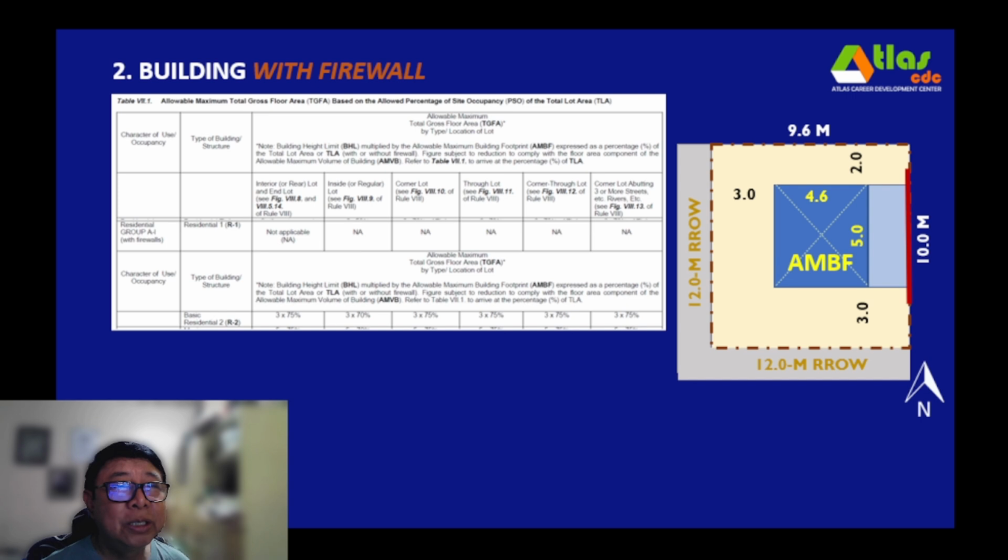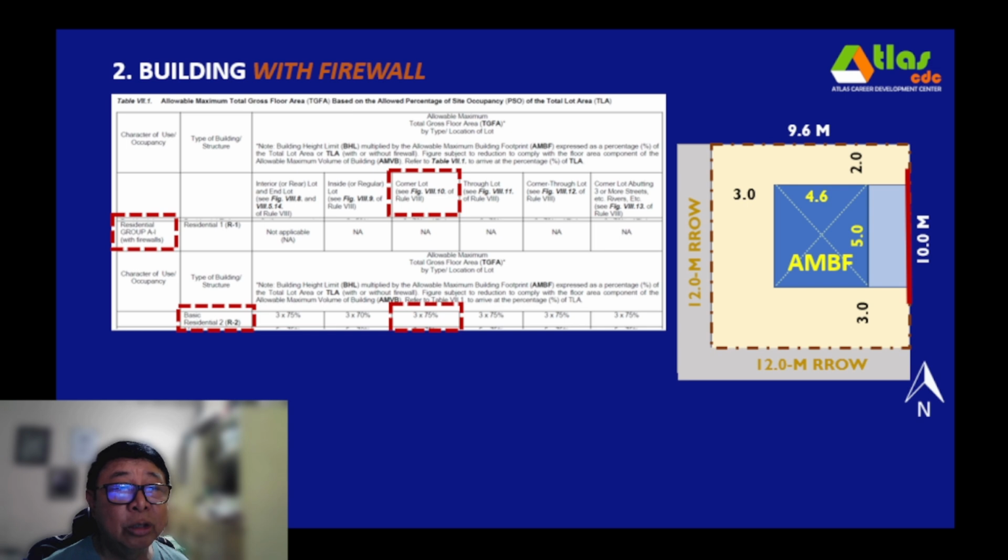So we now go to the maximum TGFA allowable. So based on table 7.1, our reference table for the maximum TGFA allowable, we now go to the one with firewall here. Page 2 of that table, you will see for corner lot, basic R2 is 3 by 75% of the TLA.